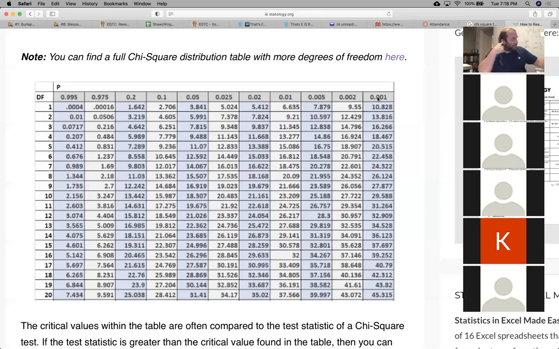It actually popped up in my life within the last year. My brother-in-law works for a TV or radio station or something, and they were doing some kind of promotion, and he had to figure out a connection between two things. He asked me how to do this, and it ended up being that we had to use a chi-square test. And one of my students last year, you guys know what the IB is, the International Baccalaureate?